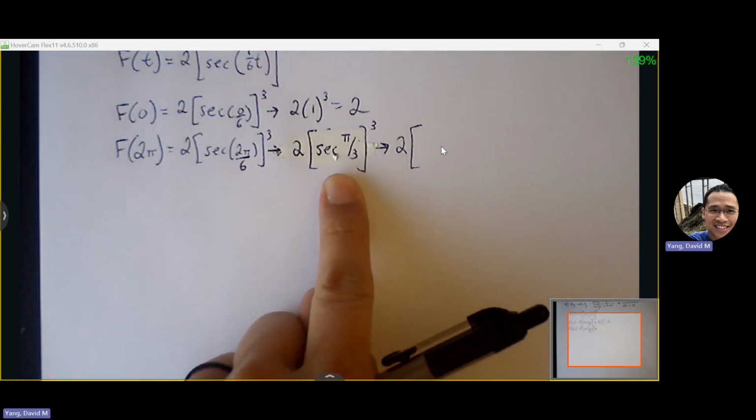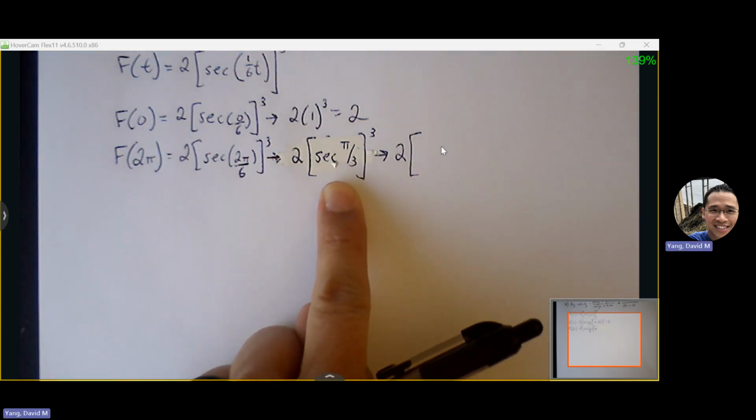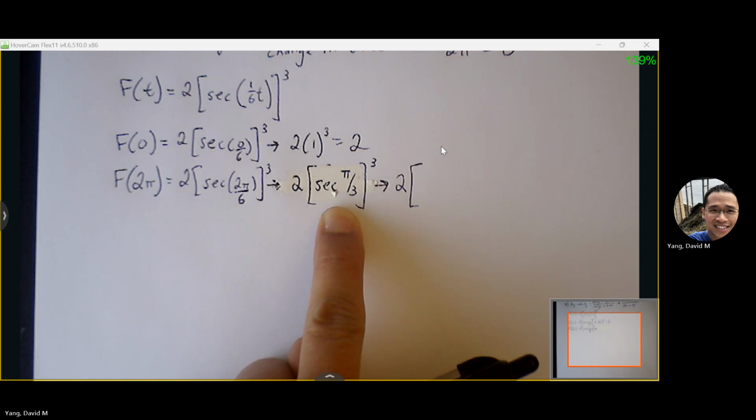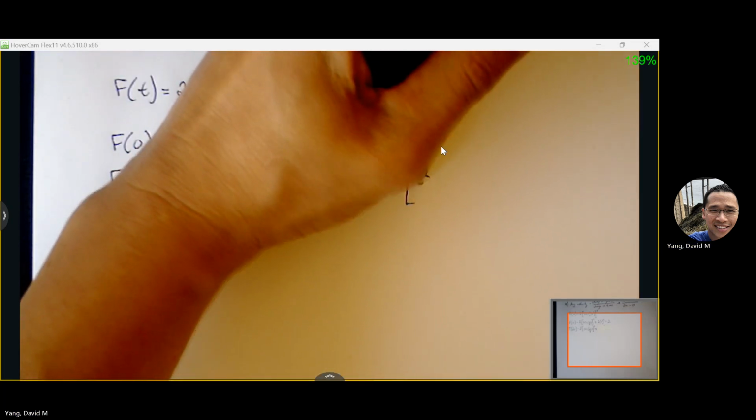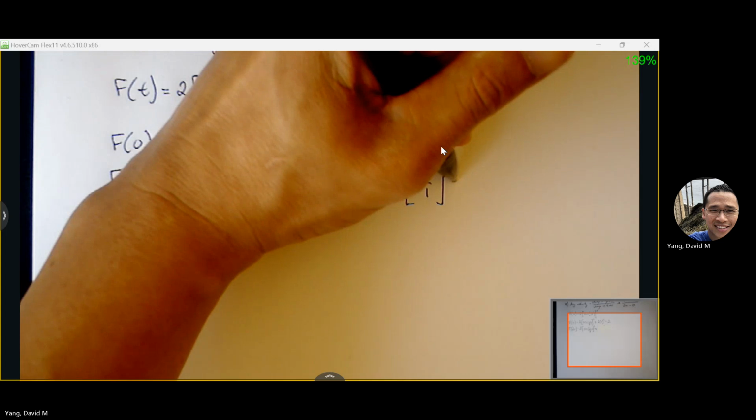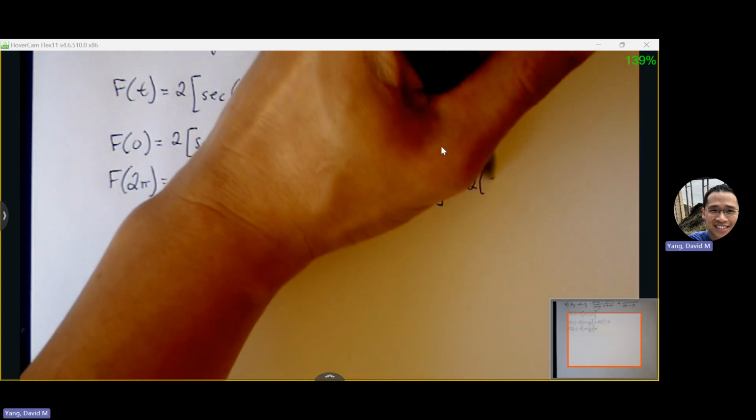All right, so secant of pi over 3 is related to cosine of pi over 3. We know cosine of pi over 3 is 1/2. So if I flip 1/2 to get to secant, I get 2. So 2 times 8 is 16.